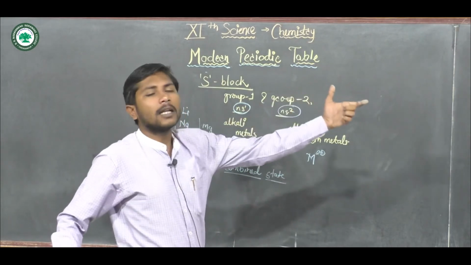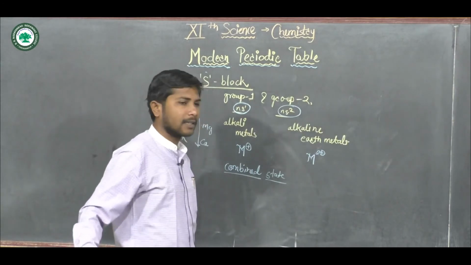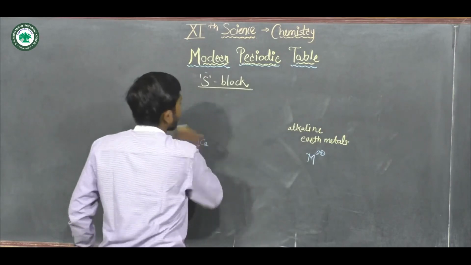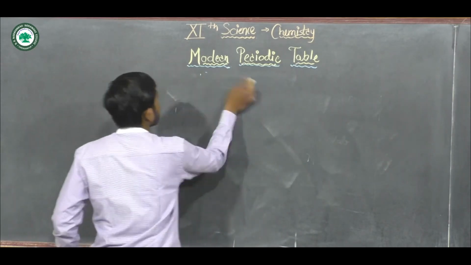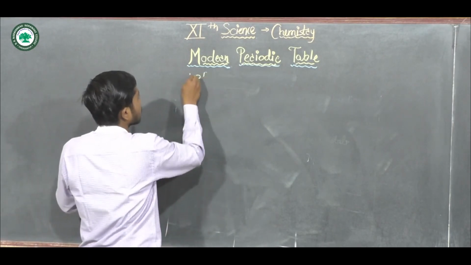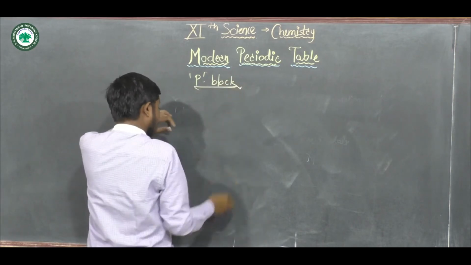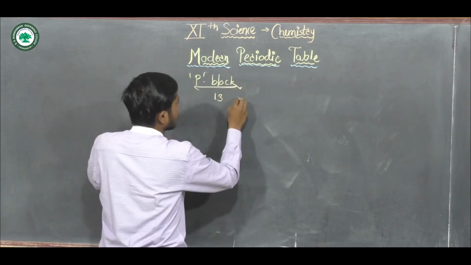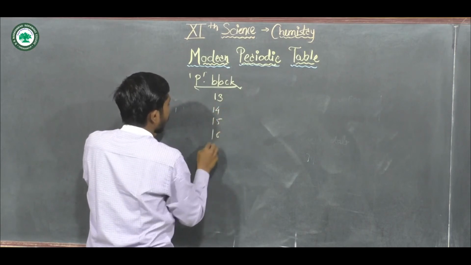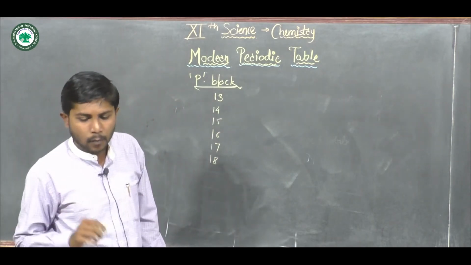we can see at the extreme right the p-block elements, which consist of 6 groups, numbered from 13 to 18. Why 6 groups?